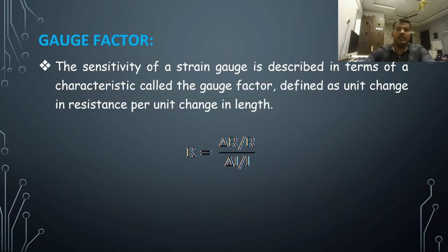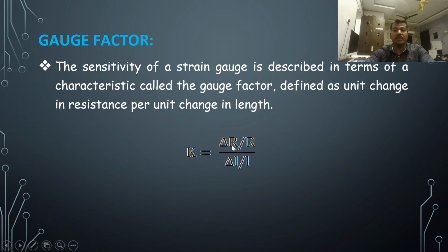So this strain gauge works on the basic principle called the gauge factor. The sensitivity of a strain gauge is described in terms of a characteristic called the gauge factor, defined as the unit change in resistance per unit change in length. Say, for example, a body's resistance changes with the change in its length.